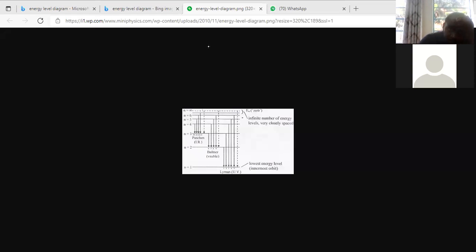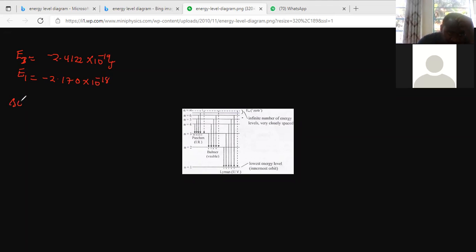So, according to what we have seen, E3 was negative 2.4122 times 10 power negative 19 joules. Then for E1, we have got negative 2.170 times 10 power negative 18.